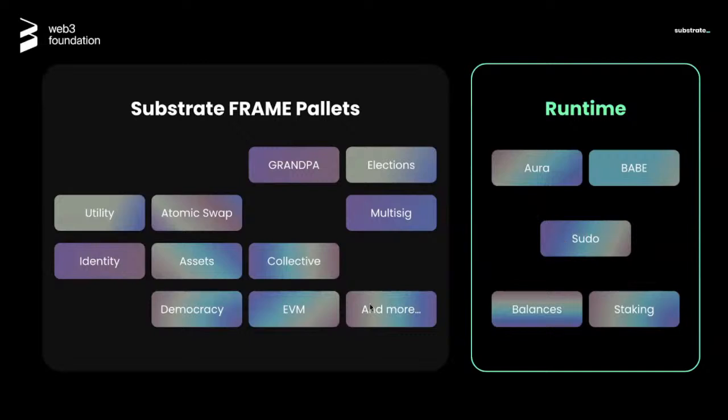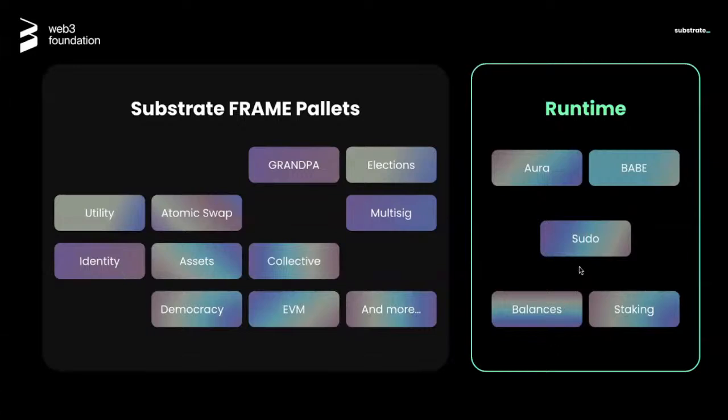For instance, if I import the balances pallet, right from the beginning the blockchain has the ability for account creation, tokens, transfers, and so on and so forth. You have everything right from the beginning, so you don't have to write any code for balance transfers.